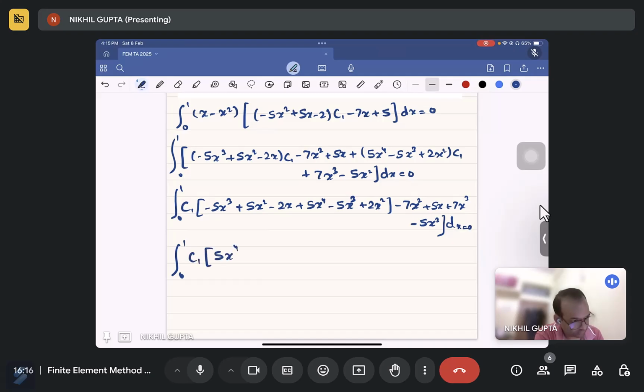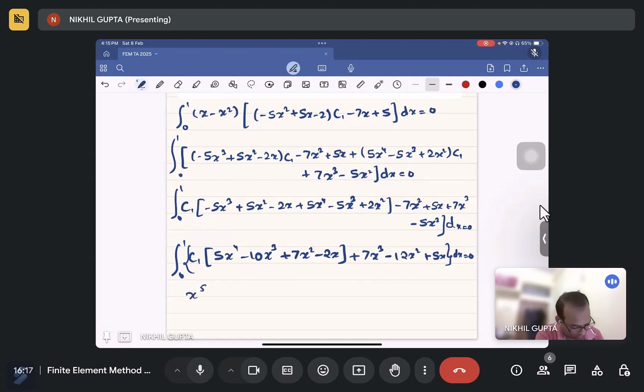It is 5x power 4 minus 10x cube plus 7x square minus 2x, plus 7x cube minus 12x square plus 5x, dx equals 0.